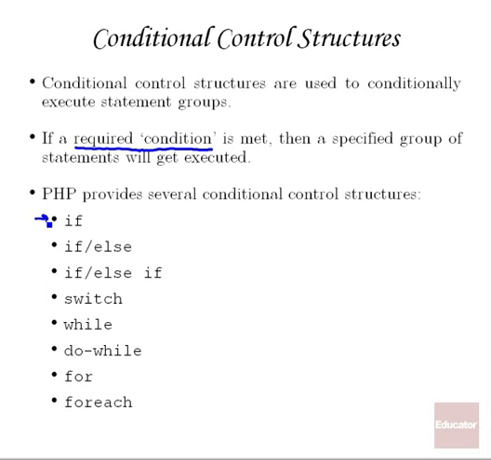There's the if and else statements, and both of those we're going to be talking about today. There's also the if-else-if control structure and the switch control structure, which we're going to be talking about in a couple upcoming lessons. And then these control structures down here are conditional control structures that allow you to loop over a statement group and repeat it multiple times based on certain test conditions. And we'll be getting those as well later on in the course.